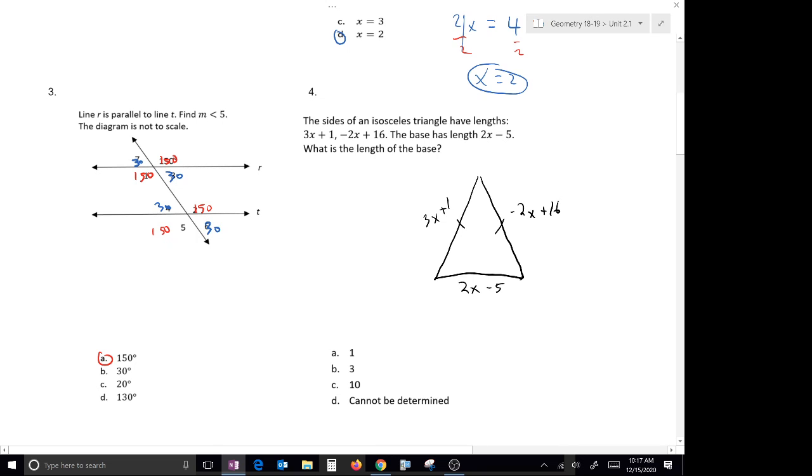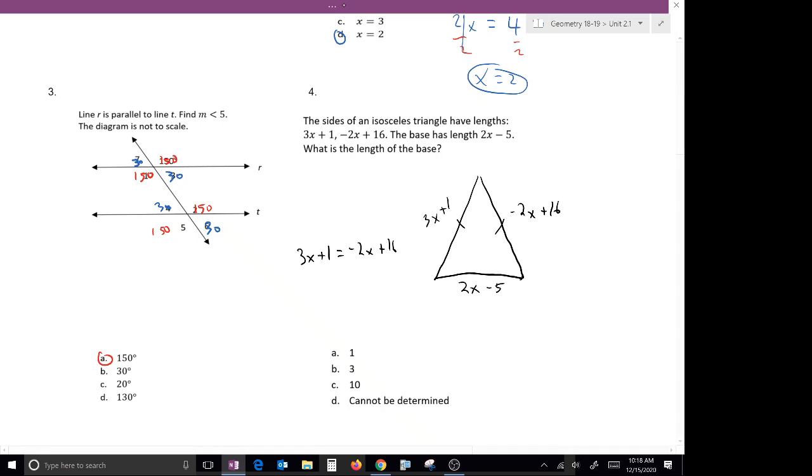Now we know that the two sides are equal to each other because it's isosceles. So I can actually set those two lengths equal to each other. So we'll go ahead and do that. So 3x plus 1 equals negative 2x plus 16. They don't equal the base, so we can't set that as part of our equation, but that's okay. We'll go ahead and solve here.